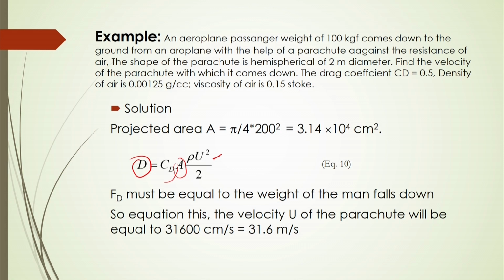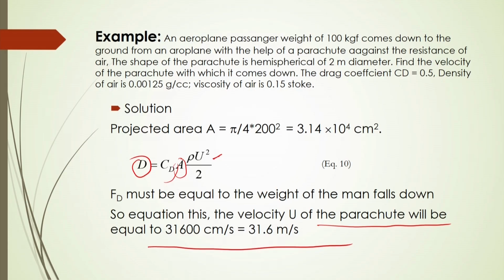So, based on equation number 10, if we substitute the d value, C d, A, rho, and then after simplification, you can get the velocity u of the parachute, which will be almost equal to 31.6 meter per second. So, when the parachute is moving at 31.6 meter per second, you can say the drag force will be equal to the weight of this man.